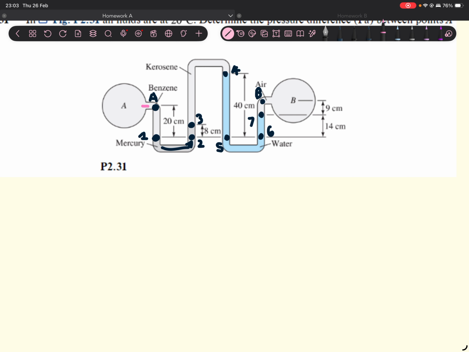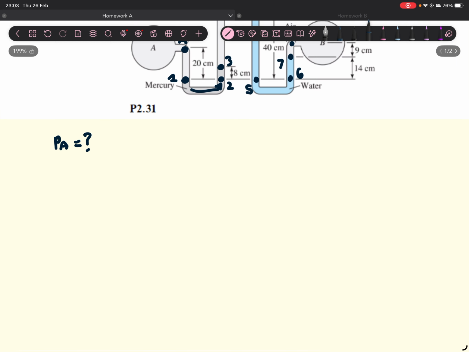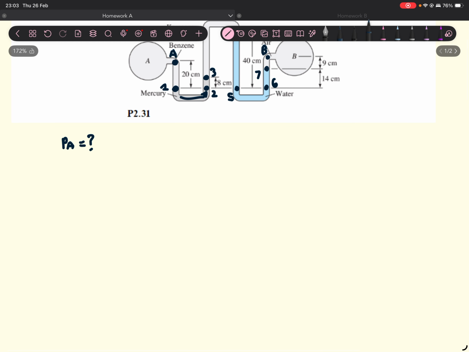So let's start with the pressure at point 1, since we're going to define PA as PA. PA right now is not known, which is fine. We're not looking for PA, we're looking for the difference in pressure between A and B. So let's jump to P1.